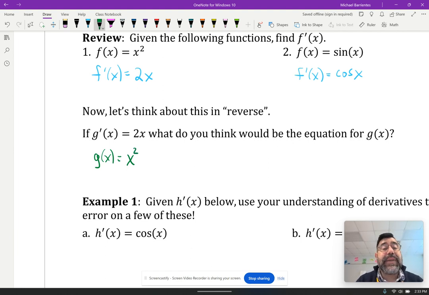But I say that because it's not the only function whose derivative is 2x. I'll let you think about that. Could you think of another g of x, another function, that when we take the derivative, it equals 2x?